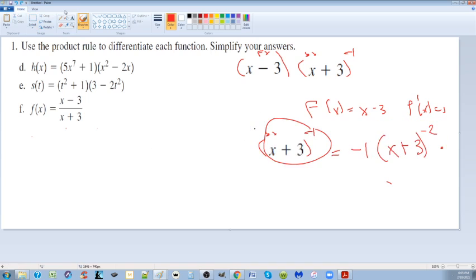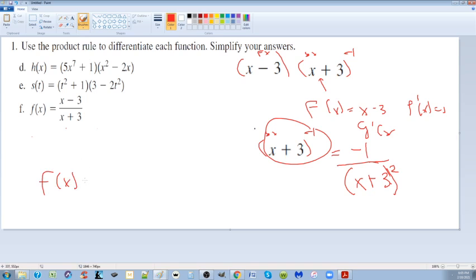By the way, this is the same as 1 over x plus 3, with the whole thing down here squared. That's what the minus 2 means. It just means send it down there. Okay, so this is g of x, and this is g of x up there. So the chain rule says that we're going to take f of x, and we're going to multiply it by the derivative.